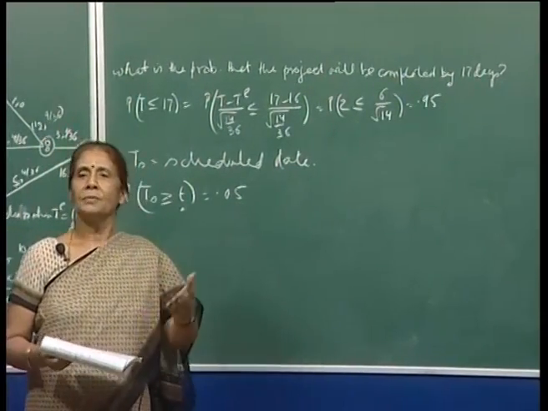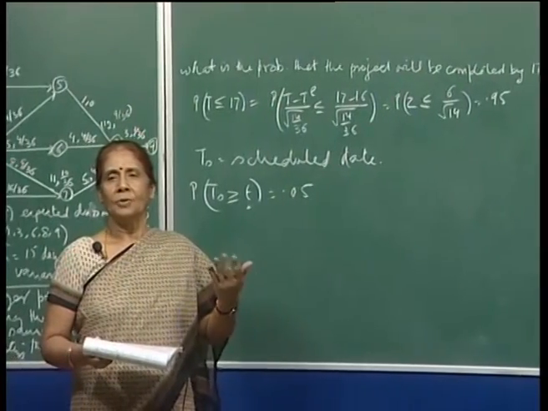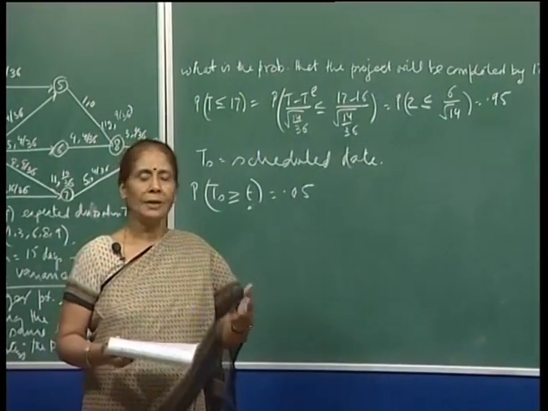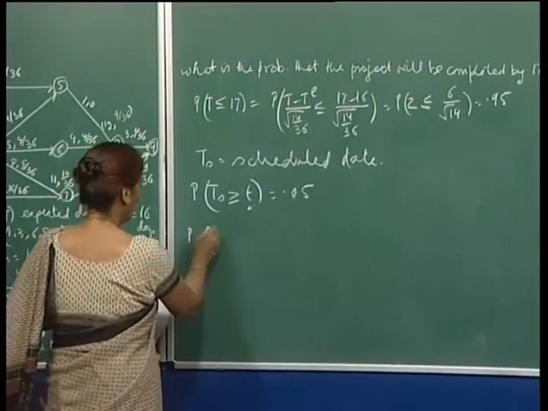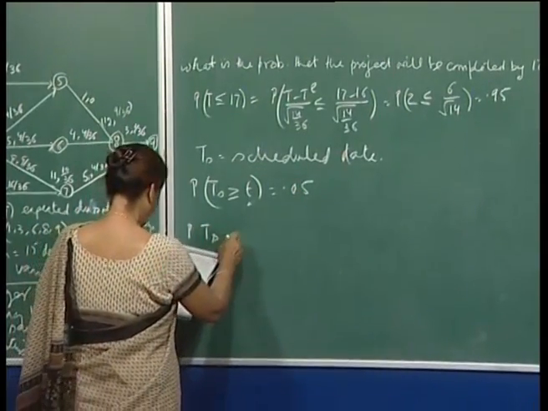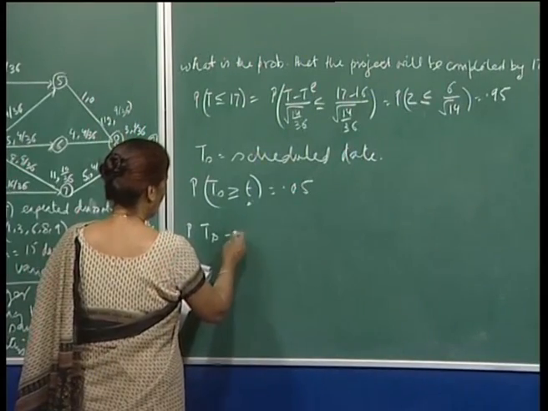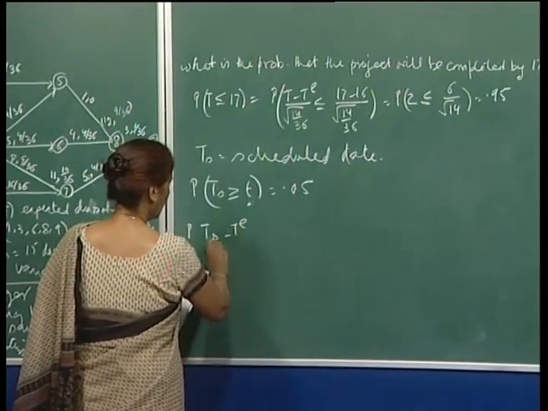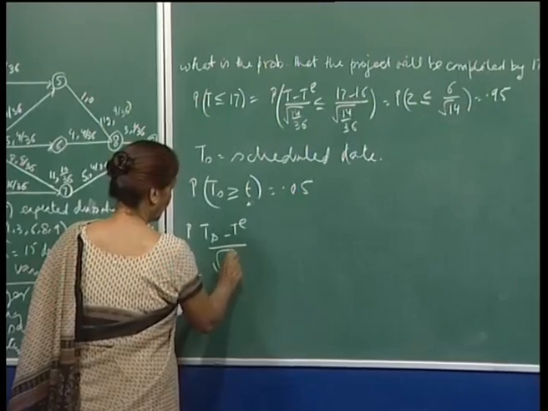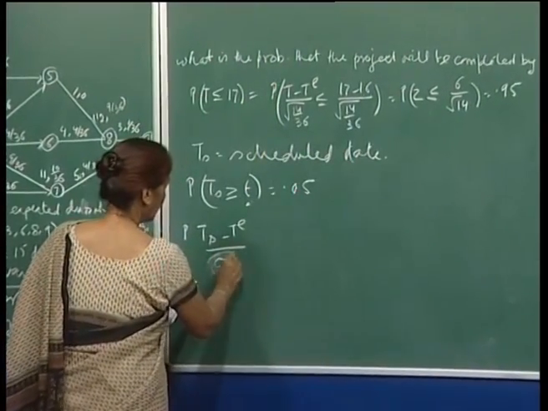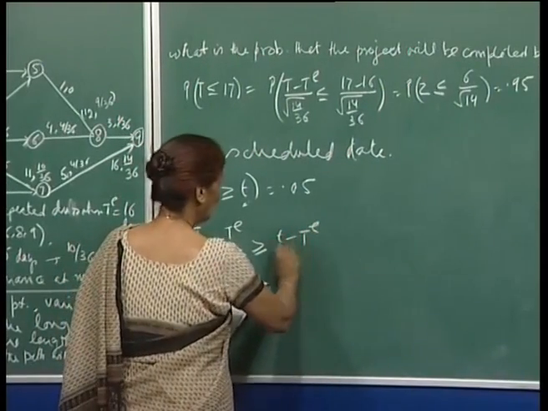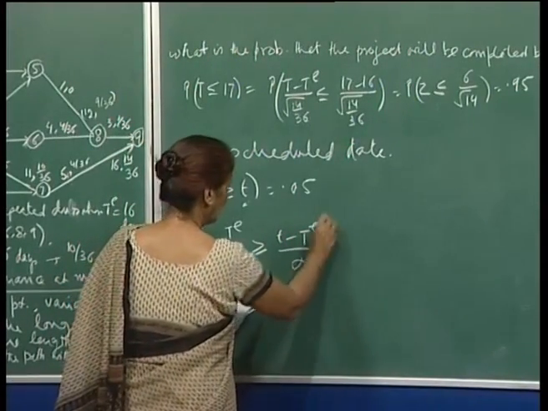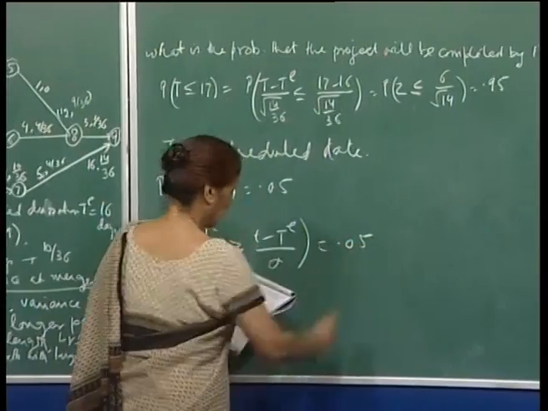That means the probability of completing the project would be 0.95. So, probability of (T s minus T e) upon sigma, greater than or equal to (T minus T e) upon sigma, should be 0.05.